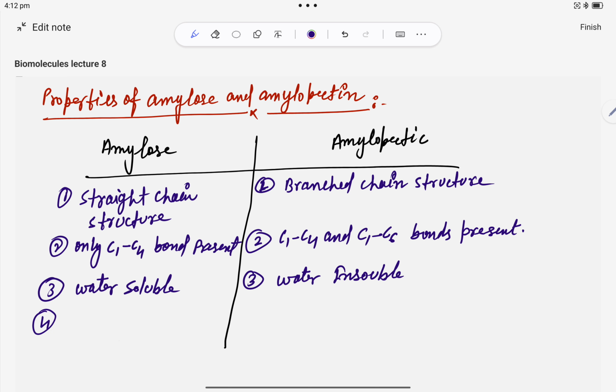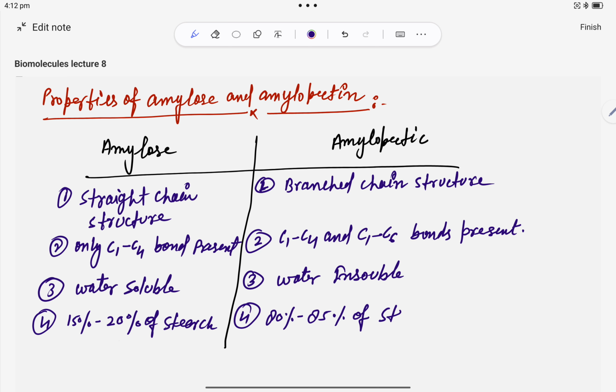In the formation of starch, 15 to 20% of starch is made by amylose, and 80 to 85% of starch is made by amylopectin.